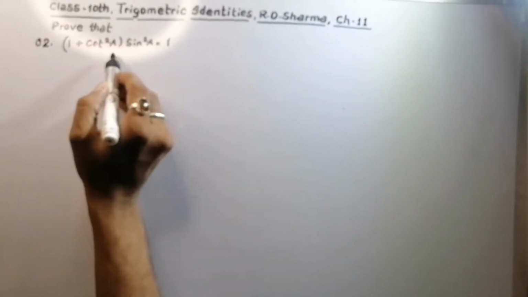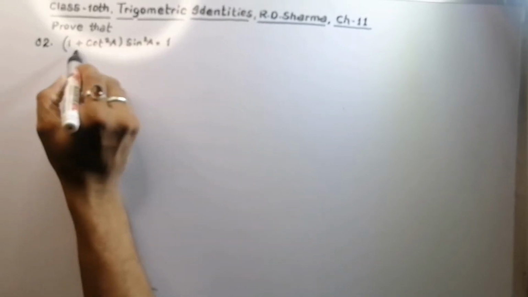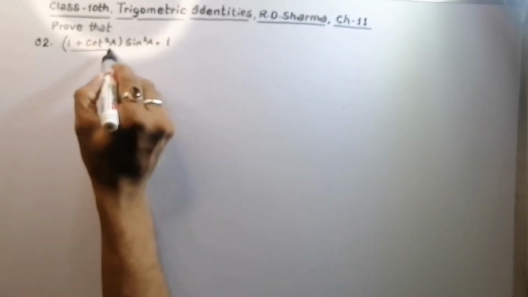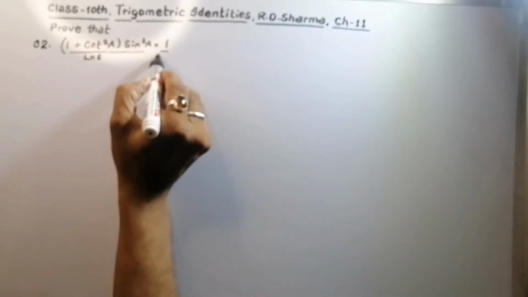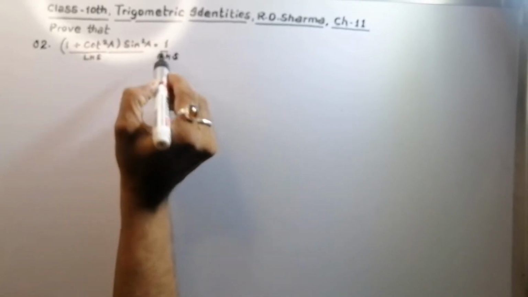Question number 2. Prove that (1 plus cot square A) sin square A is equal to 1. The left hand side is this, and the right hand side is 1. We need to prove it.